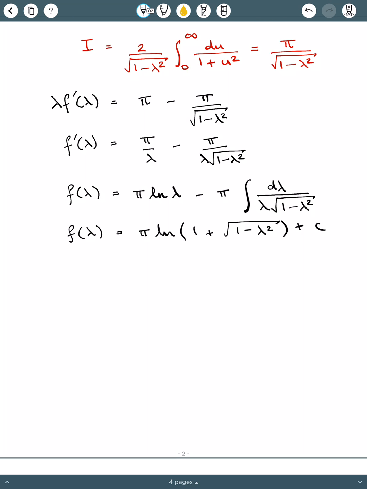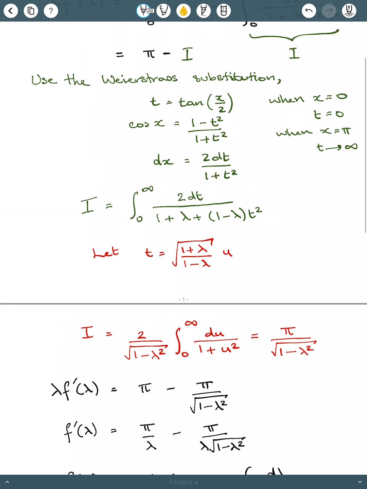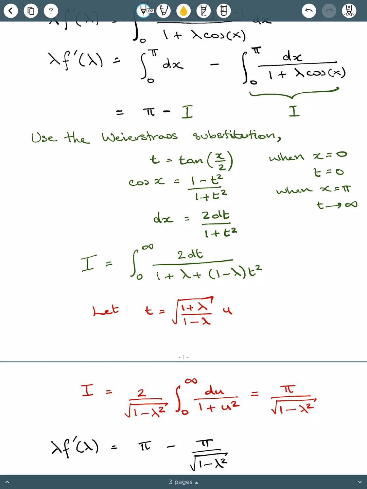To find the constant of integration, we need to let lambda be a value where we can actually figure out the original integral.